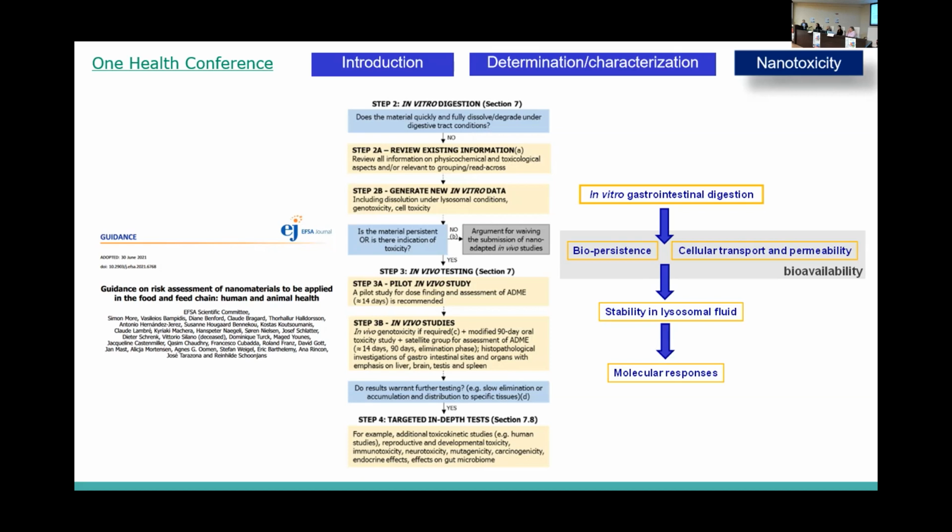It recommends the performance of several trials, like the in vitro gastrointestinal digestion with the biopersistence assays, which are similar to the bioaccessibility assays, also cellular transport and cellular permeability, in the case that the nanoparticles are present at nanoscale after these procedures. We also have to evaluate the stability under lysosomal conditions, that is when the nanoparticles enter the cells, and obviously the evaluation of the molecular responses, proteomic and also genomic responses.